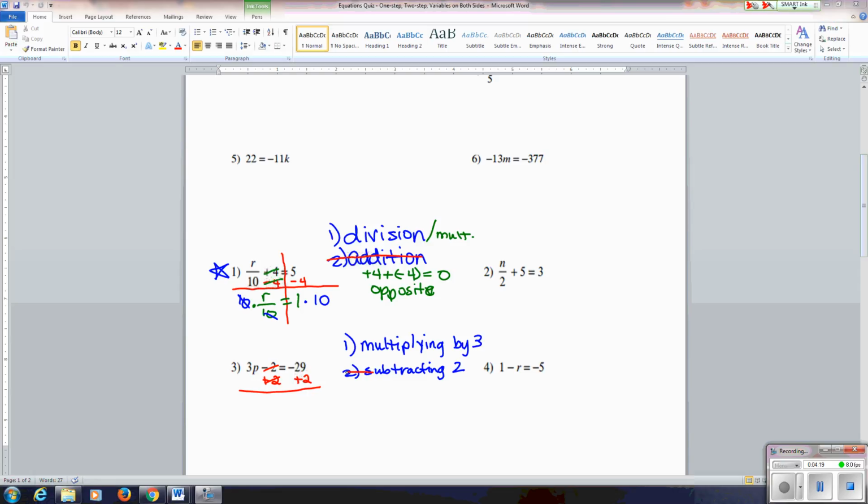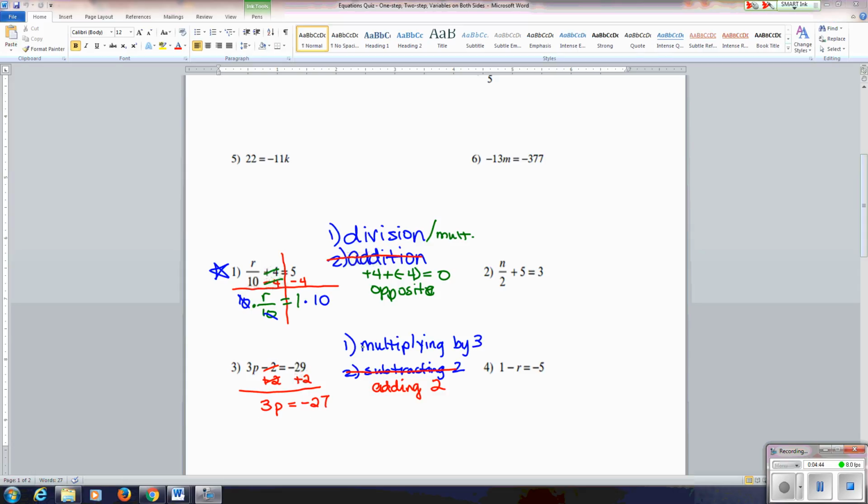So now we've undone the subtraction by adding 2. So now we have 3 times p, because we're multiplying, and then negative 29 plus 2. If it's negative 29 degrees and the temperature increases by 2, it's now just negative 27 degrees.